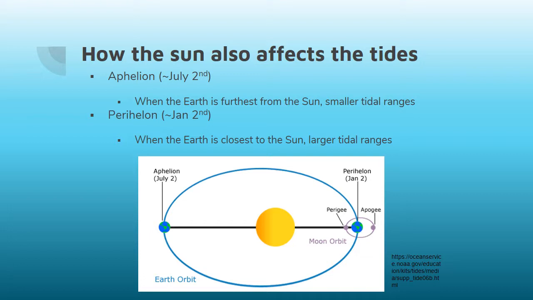And then you see two other terms down there, perigee and apogee, which just refer to the same thing, but from the lunar perspective. So you have perigee, which is when the moon is closer, and apogee when the moon is further away.